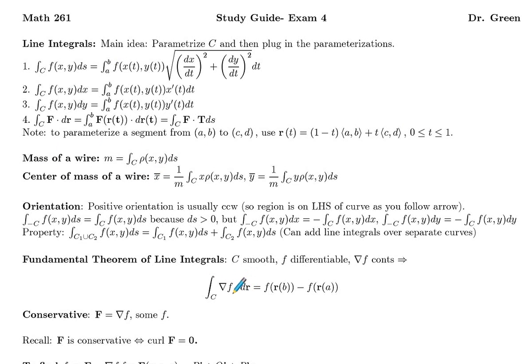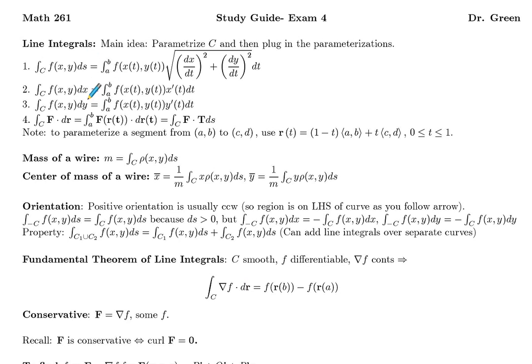But here we're doing the integral of the gradient of f dot dr. Okay, so the gradient of f, that's fx, fy, dr is dx, dy. So this is a line integral that's in terms of dx and dy, where ours is in terms of ds.